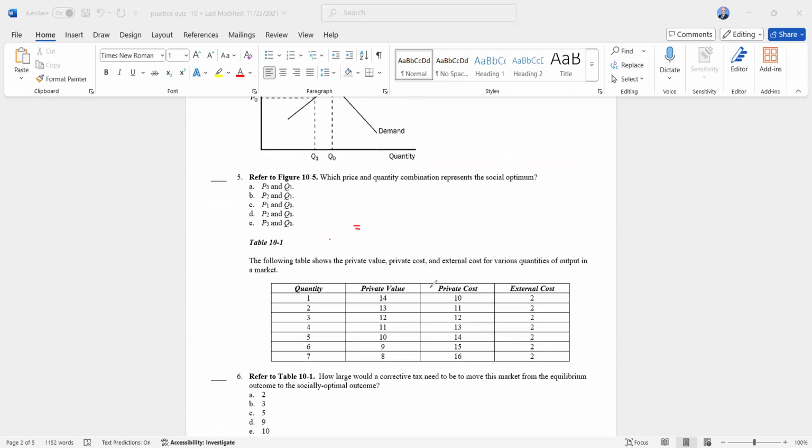Now, when private value equals private cost, it's the market equilibrium. The market equilibrium is going to be quantity 3. 12 equals 12. Private cost plus external cost is marginal social cost.